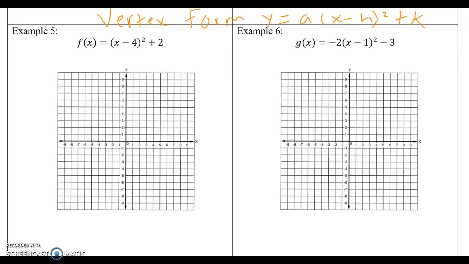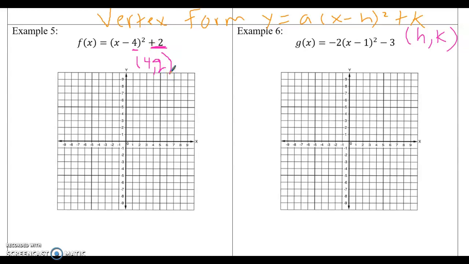Because this is vertex form, I can easily find my vertex. My vertex is h comma k. So here's my h and here's my k. Please note that h is going to be a positive 4 and k is going to also be positive, a positive 2.